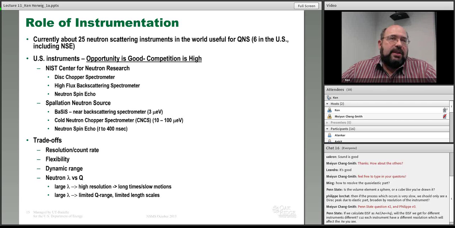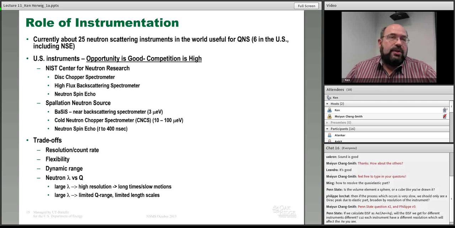The trade-offs on selection of instrument are resolution and count rate, as we just talked about. A higher resolution instrument means that the count rate is typically down in quadrature to the resolution. Then the flexibility of the instrument. Backscattering instruments, crystal analyzer instruments, are typically relatively inflexible. Your choice of Q and instrument resolution is determined by your initial selection of the analyzing crystal, and I'll talk about that here in just a moment.